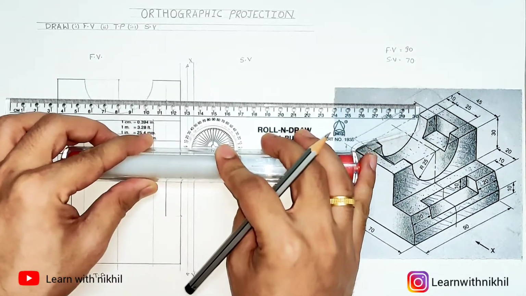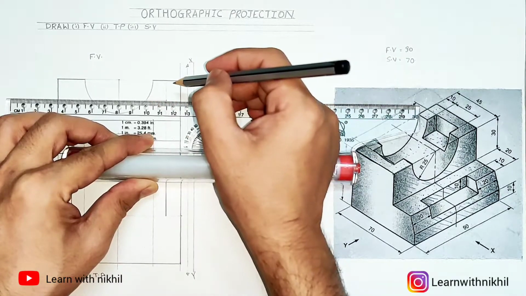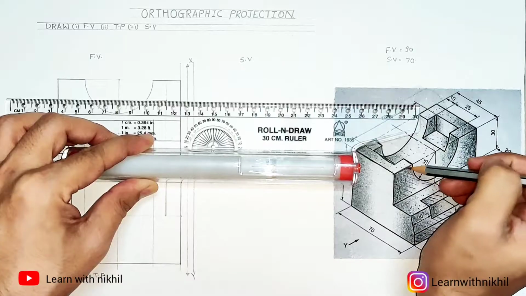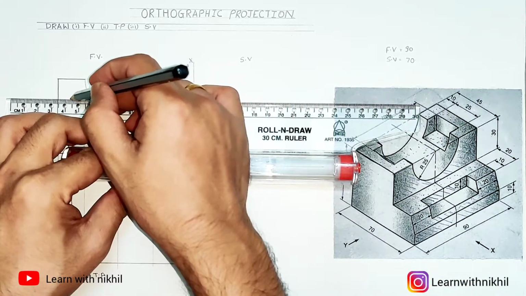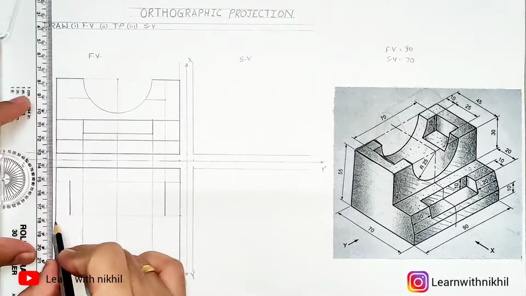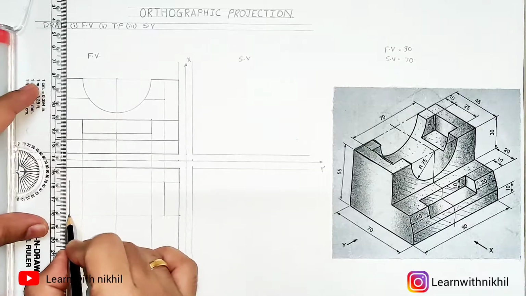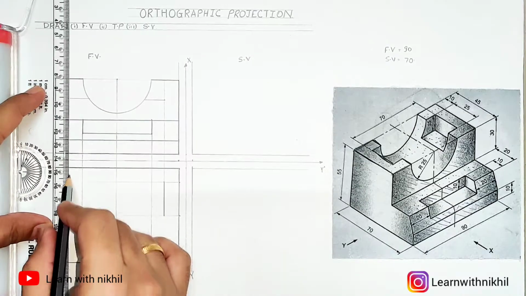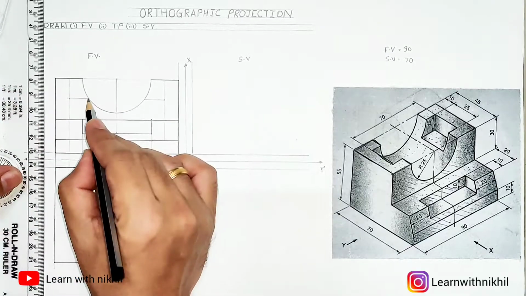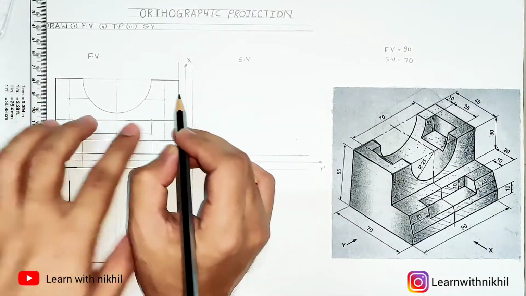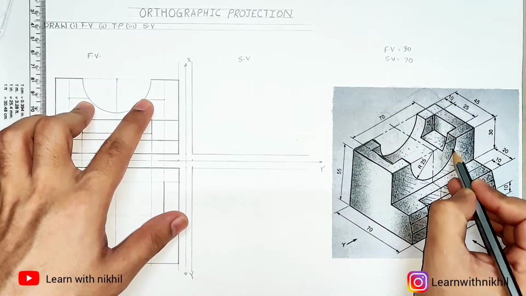Now from this 15 millimeter point, a line intersects the semicircle. From this we will be able to get till where it is extended, and the same thing is on the opposite side. We'll take the projection from the top view to the front view. Where it has intersected the semicircle, this is the point where it is extended.